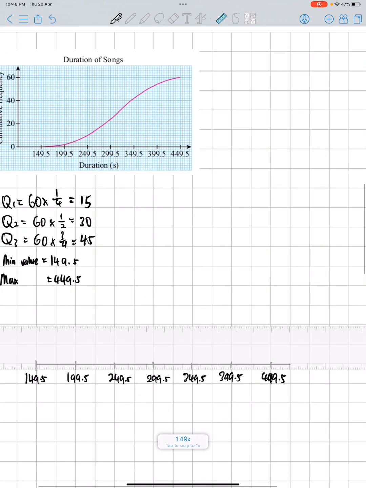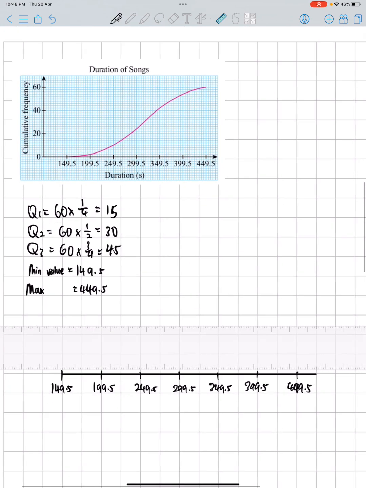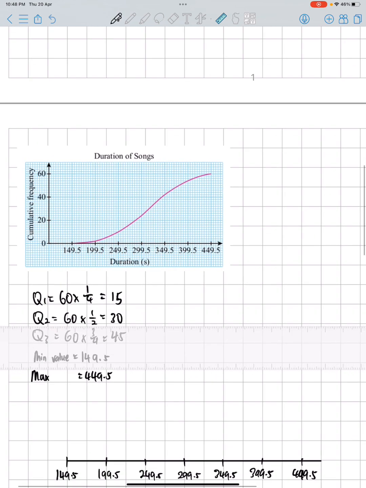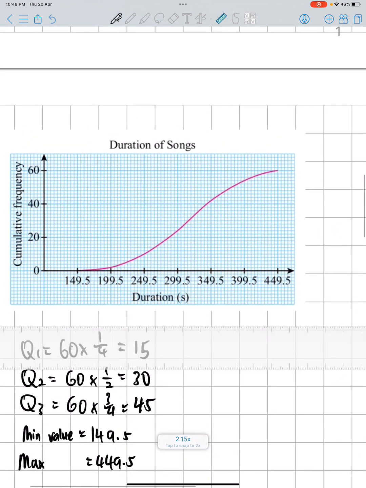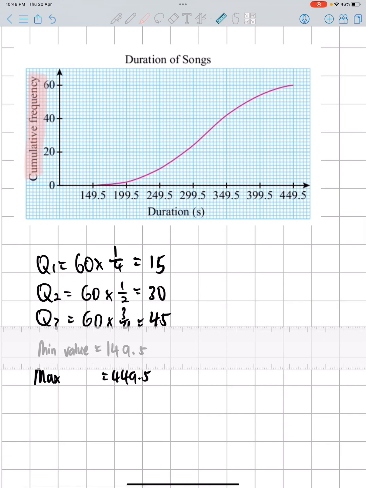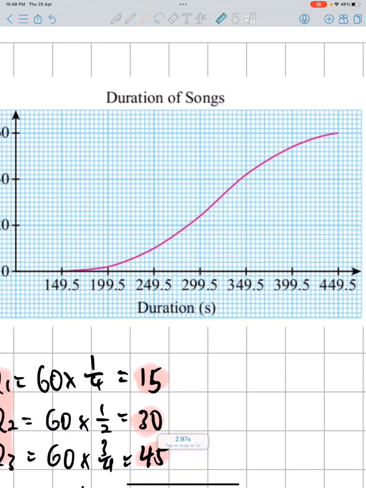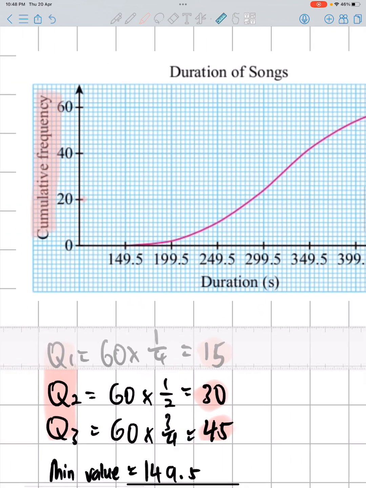Now let us find quartile 1, which is 15. So how to find 15? You have to look at the cumulative frequency to find the 15, 30, and 45 for the quartiles. Right here you can see it's 20, 40, and 60.